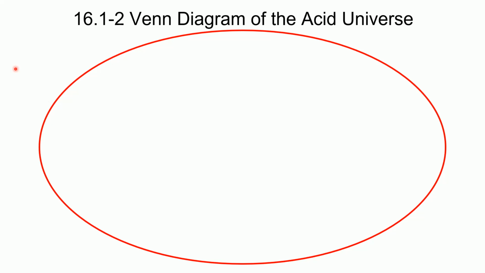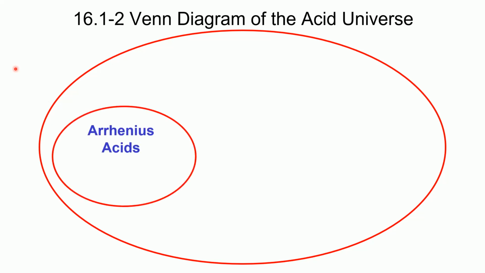There is a subset of those things that we would refer to as Arrhenius acids. Most of the things that you would think of when you hear the word acid would be Arrhenius acids: hydrochloric acid, acetic acid, formic acid, citric acid, any of the things that you normally think of as acids.